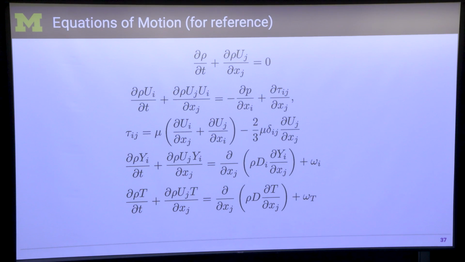I did not make a mistake in indexing, that I'll tell you. Could be something else. It's always 1 over rho dp dx, right? Okay.